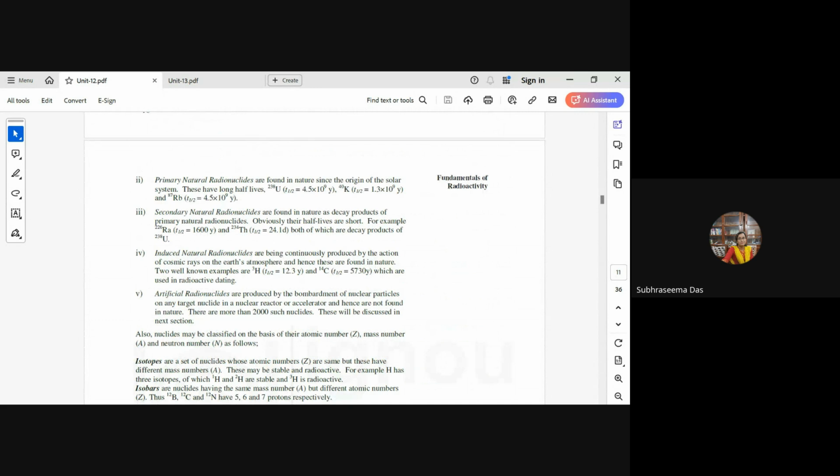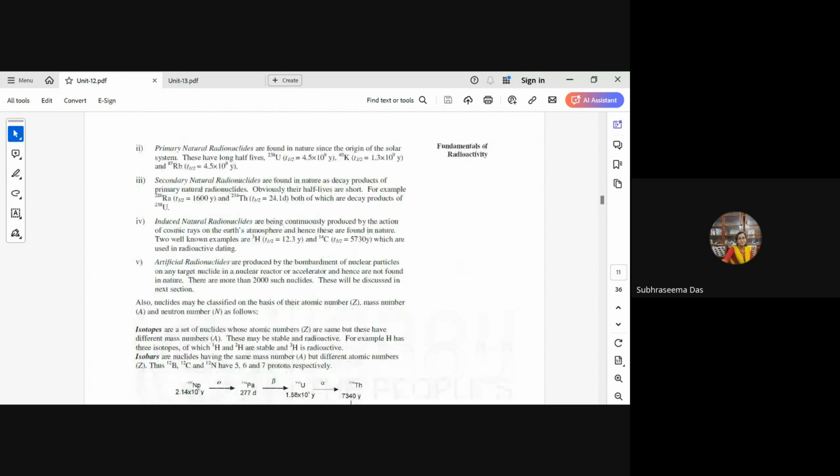The third category is the secondary natural radionuclides, which are found in nature as decay products of the primary natural radionuclides, and their half lives are quite short. For example, radium 226 and thorium 234. The half life of thorium 234 is 24.1 days, and these are all decay products coming from uranium 238.